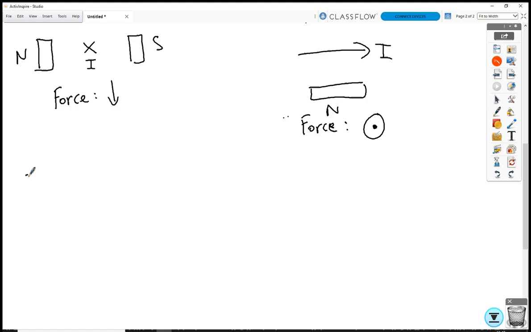We'll do another example. So put our north pole and our south pole, and we'll put our current carrying wire. Oh, but now they're parallel to each other, so there is no force here.